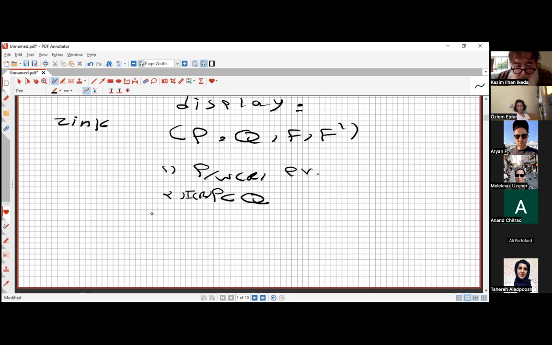And we want this exact sequence to be split. We have P over I_R P in the middle, Q over I_R P, and P over Q. We want this exact sequence to split.